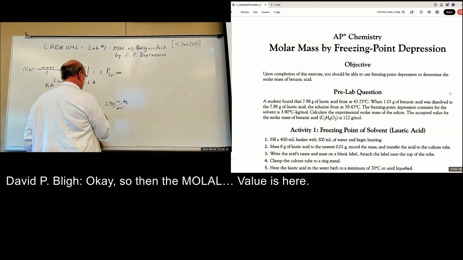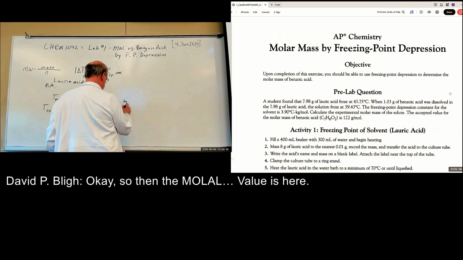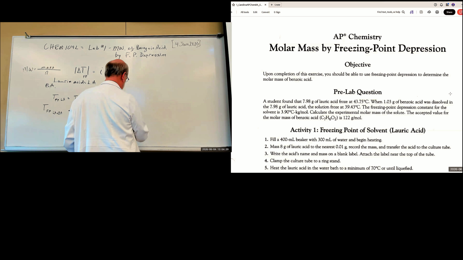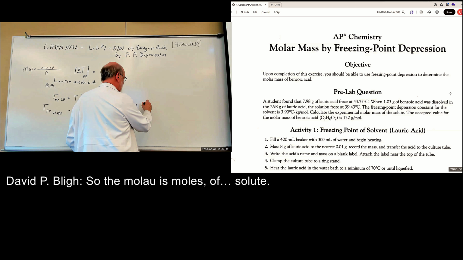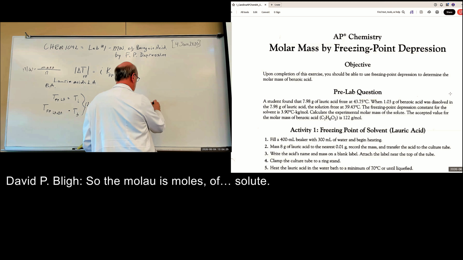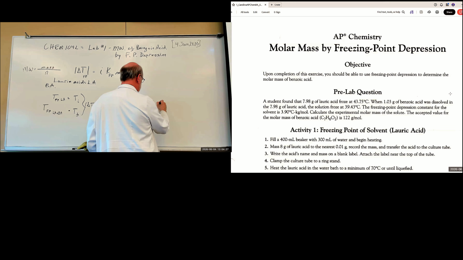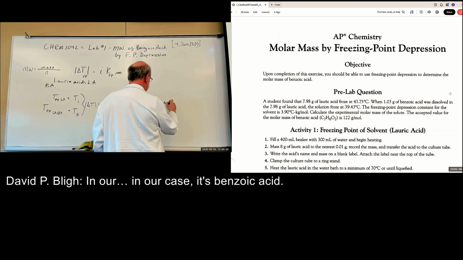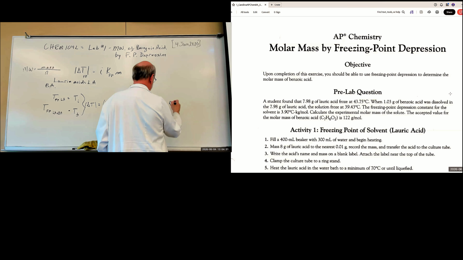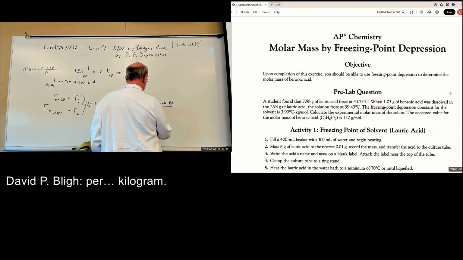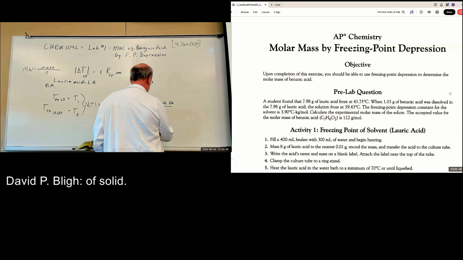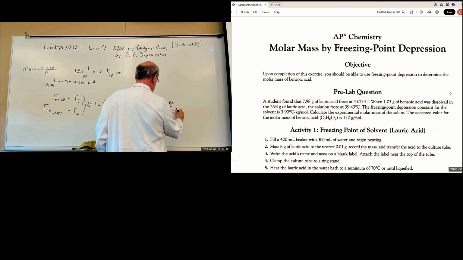Okay, so then the molal value is here. The molal is moles of solute, in our case benzoic acid, per kilogram of solvent, or lauric acid.